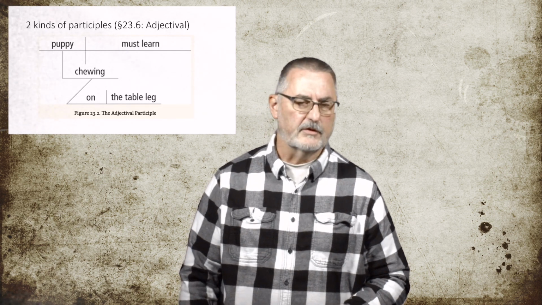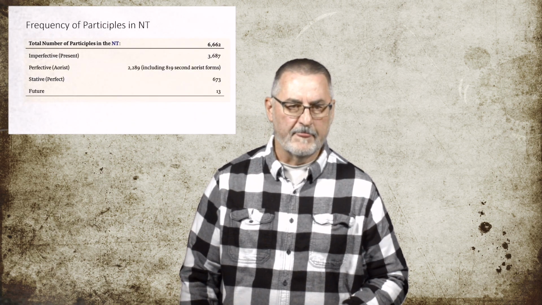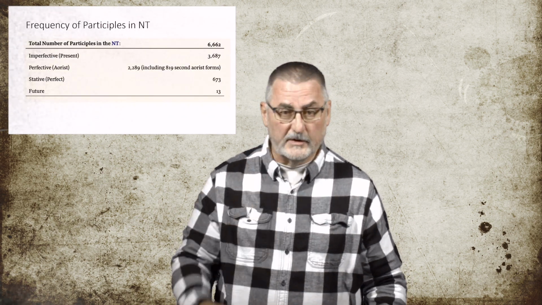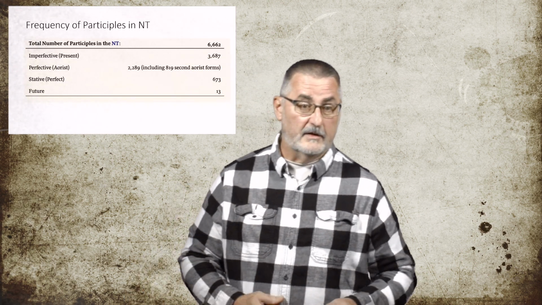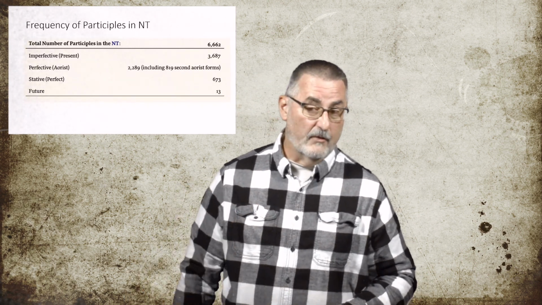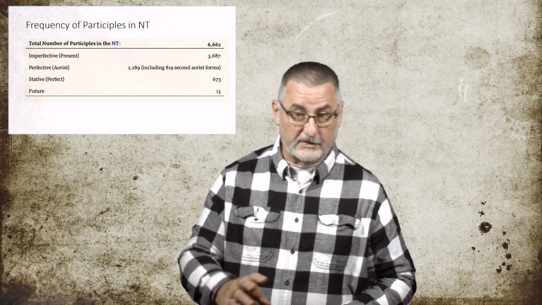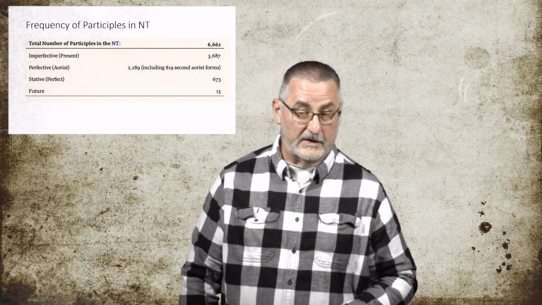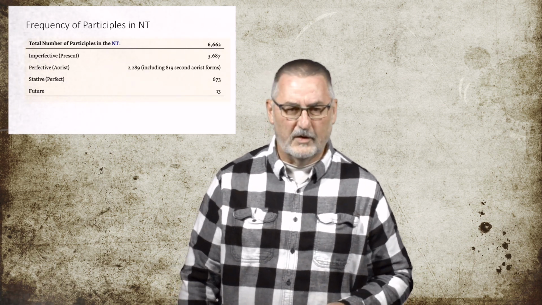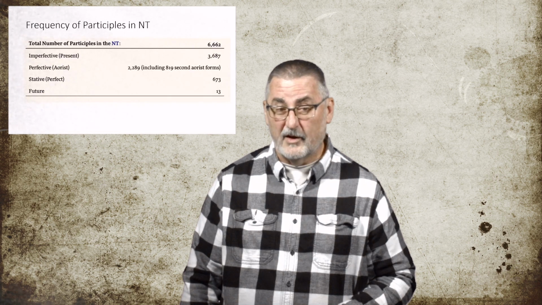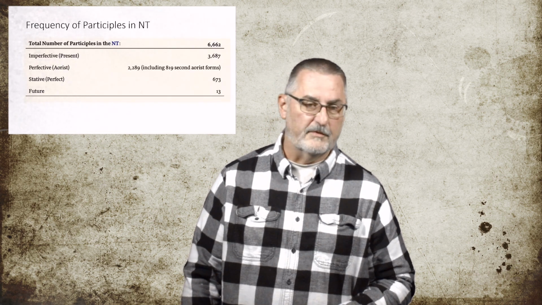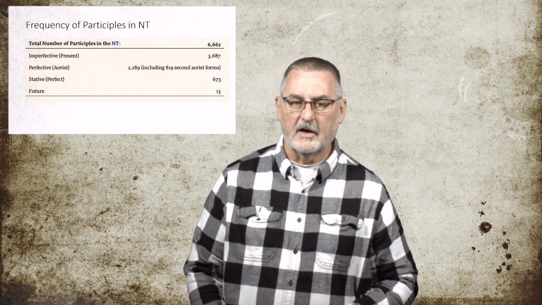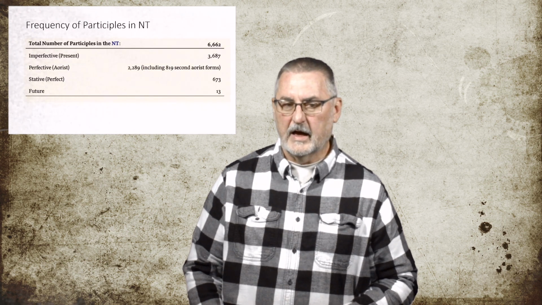Greek participles are going to work pretty much the same way. Now, as far as frequency, participles are abundant. There's a section where there are like 3 participles in every 2 verses or something like that. You can see 6,662 total participles in the New Testament. 3,687 of them are present participles, imperfective. 2,289 are perfective.